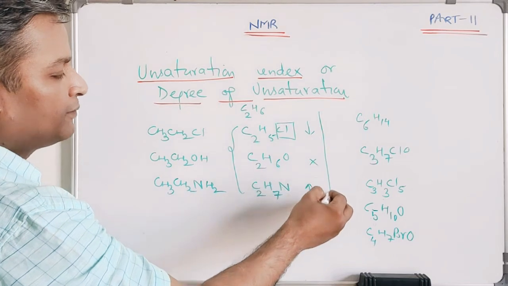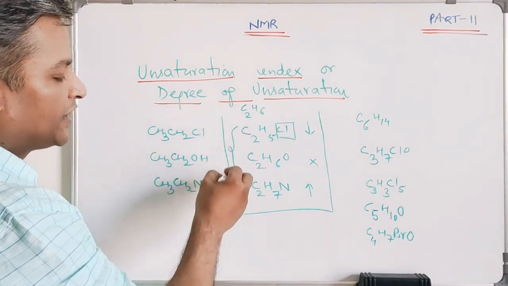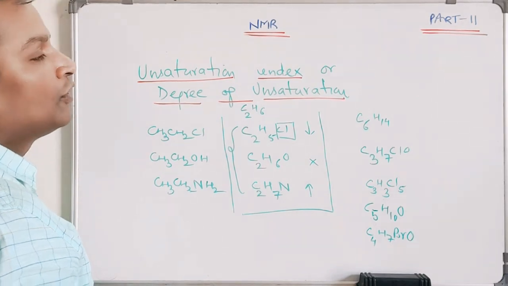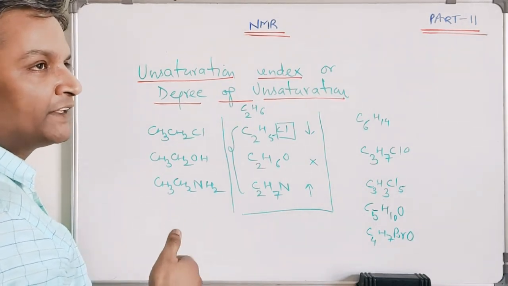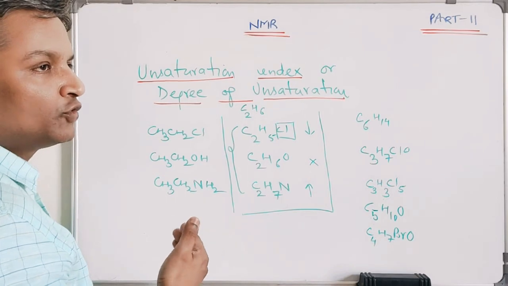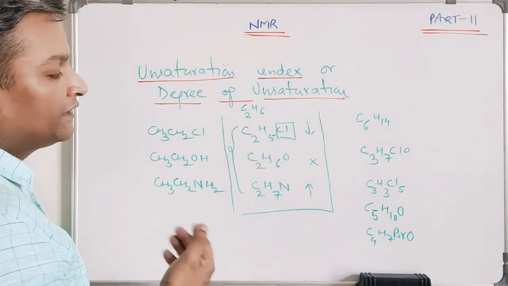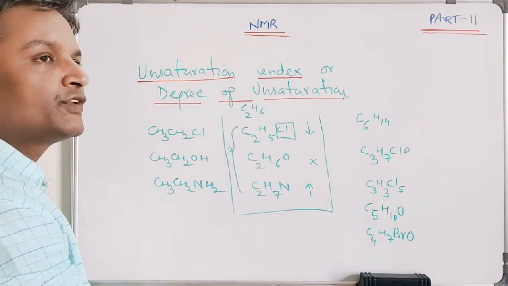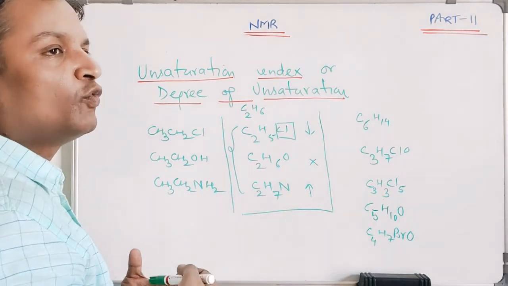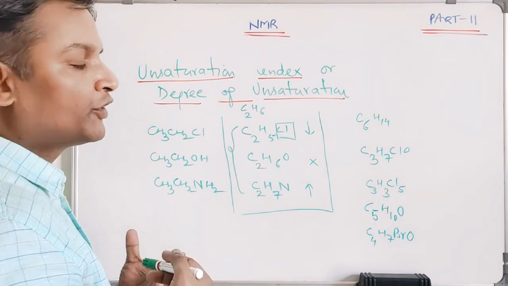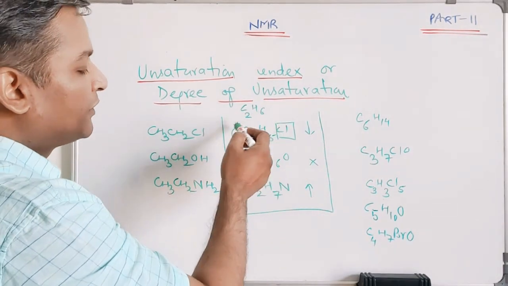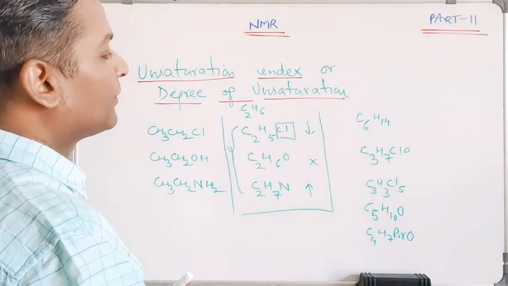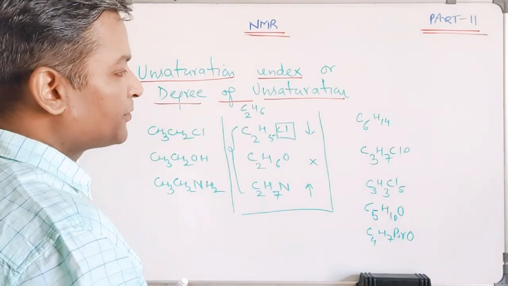So this is the point you should keep in mind: halogen causes a decrease of hydrogen. 1 halogen means 1 hydrogen less, 2 halogens means 2 hydrogen less; 1 oxygen no effect, 2 oxygen no effect; one nitrogen, one hydrogen added, two nitrogen, two hydrogen added. So how is the unsaturation index determined?